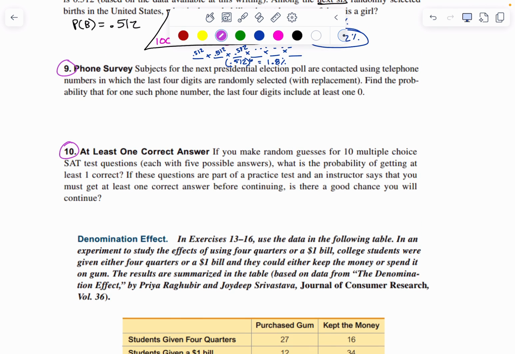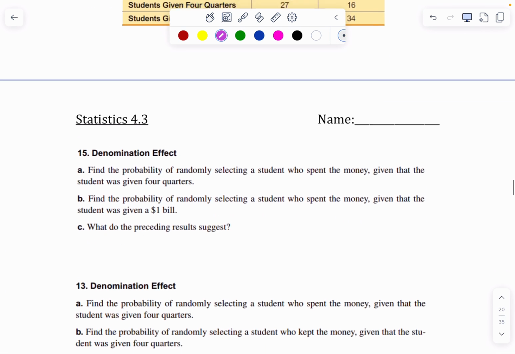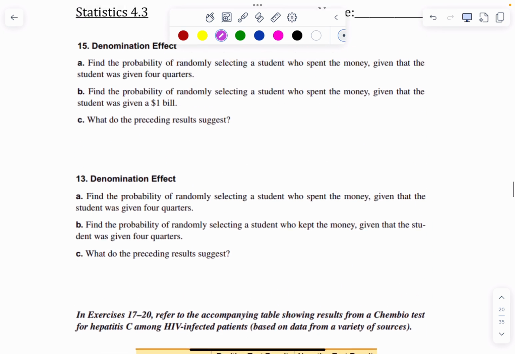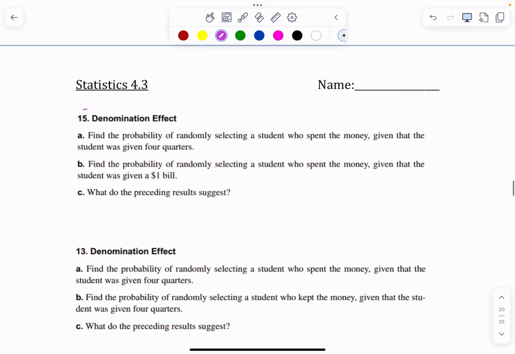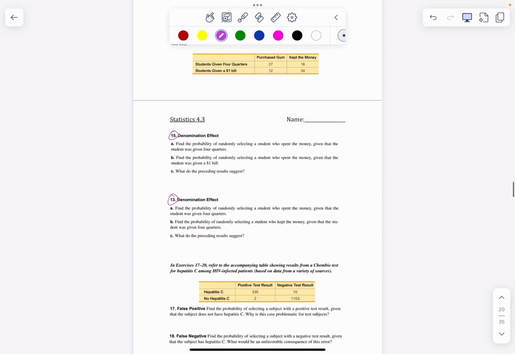With replacement just means that you can have a phone number that has, like, 11111. Number 10, and then do 15. Actually, you should be able to do 15 and 13. I don't know why those are in a different order. So the whole first page, and then 15, 13.